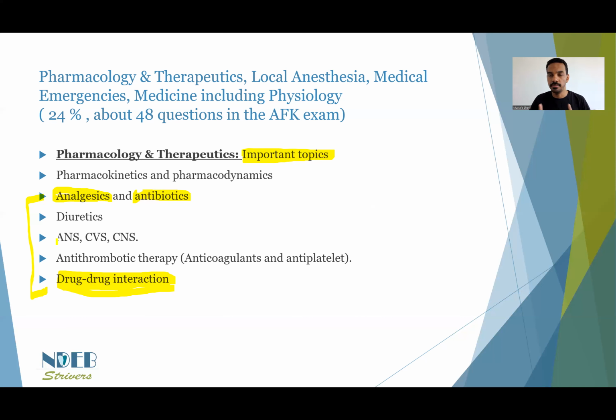I would say, personally, it's important to know just the general and important medications that are very commonly used, but I would give it a second priority. It's very important to focus on the analgesics and antibiotics and the drug-drug interactions related to them, and the basics of pharmacokinetics and pharmacodynamics.